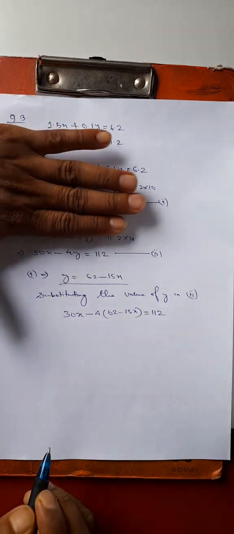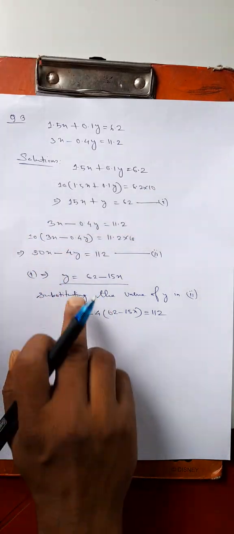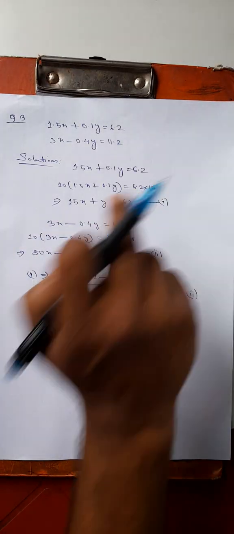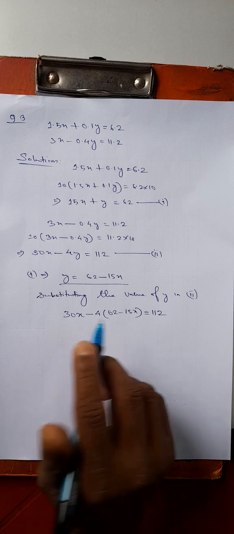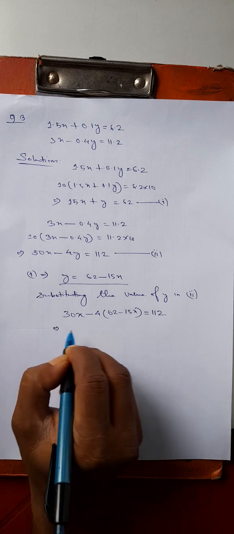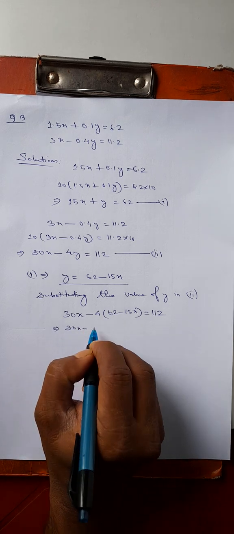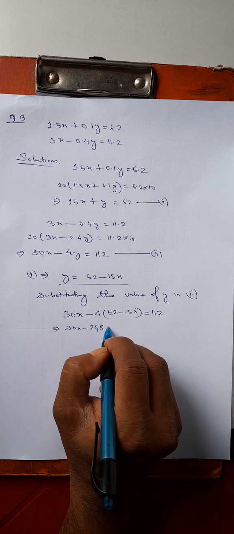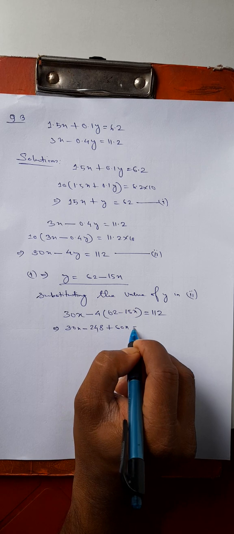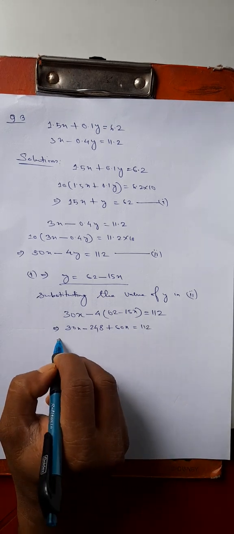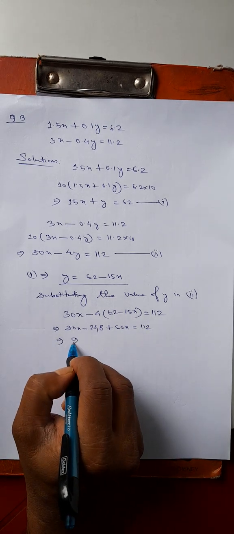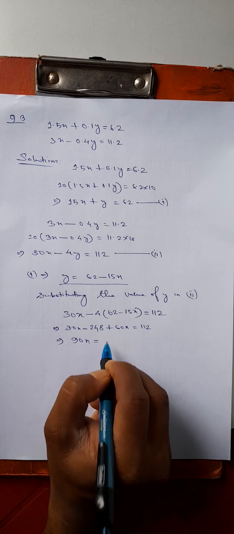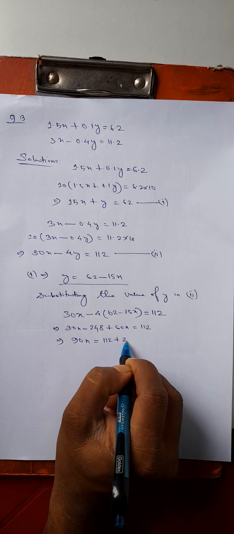In this equation, we are substituting the value of y that you obtained from equation 1. So let us simplify this. 30x minus 4 into 62 is 248, 4 times 15 is 60, x equal to 112. This implies 90x equal to 112 plus 248.